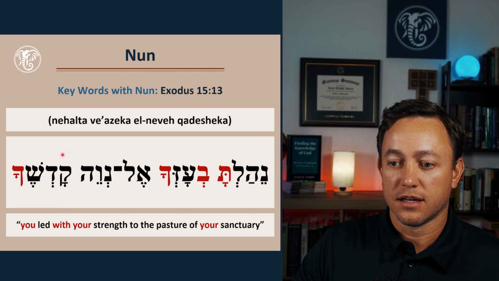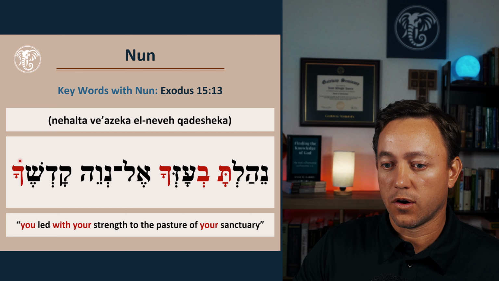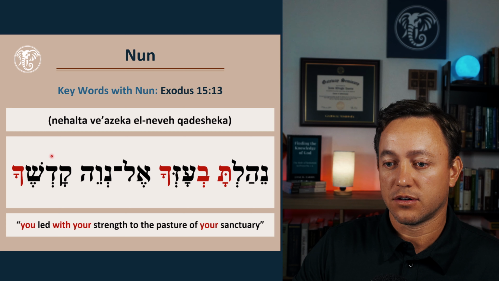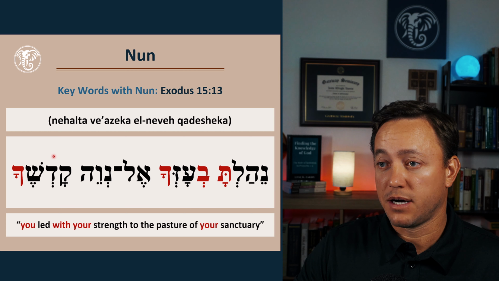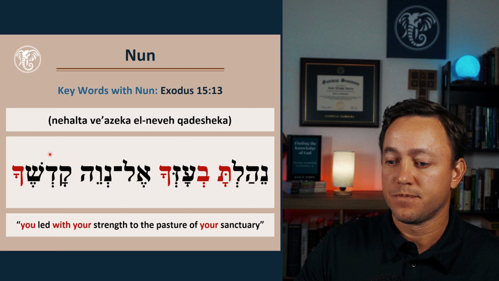And then kadesheka or kodesheka, and this is your holy place. Kadesh or kadosh. All right. And so here is a holy place, but probably in the sense of a sanctuary, oftentimes.